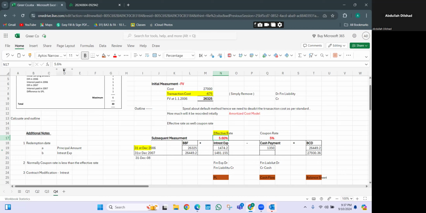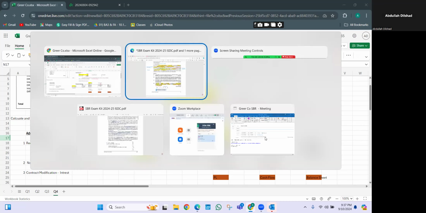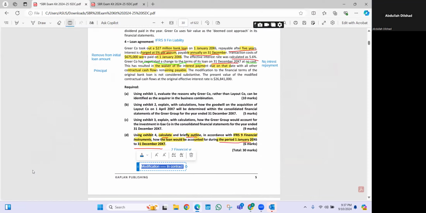If there is a change in interest rate, okay, or if there is any change in the coupon rate, all of this will be deemed or known as your contract modification. This is a particular part that has been introduced in your SBR syllabus. So make sure you have a read through this.